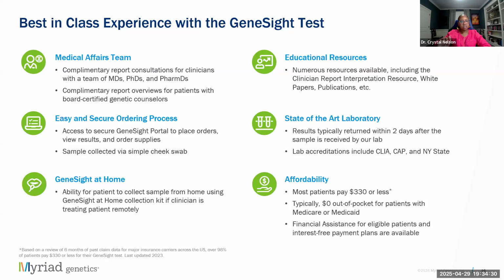And GeneSight's promise, where that cost is $330 or less, and for many patients, like Medicare and Medicaid, being free, is a very big deal because it takes that stressor off the table when you're trying to order this test and get your patient to a treatment plan, get them to remission faster. So those are always my two things that come up, and I try to get that off the table early if they have concerns.